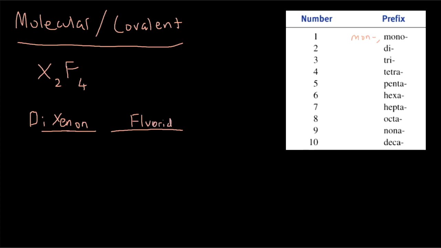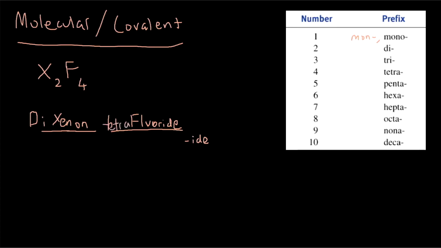Keep that in mind. For both ionic and molecular, you want to add an "ide" ending. Something I forgot before. "Ide." Unless it already has an "ide," you want to add one. Or if you're using a polyatomic ion for ionic, you don't need to add an "ide." So since there are 4 fluorine atoms, we're going to choose the tetra prefix. Tetra.